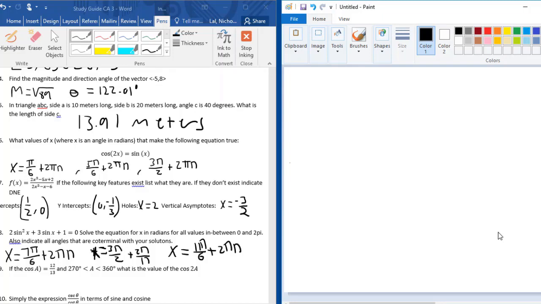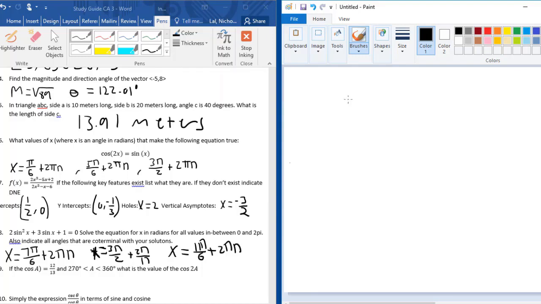Okay. The cosine of A is 12 over 13, and A is in between 270 and 360, which means that our angle is in quadrant 4. What is the value of the cosine of 2A? So let's think about this.